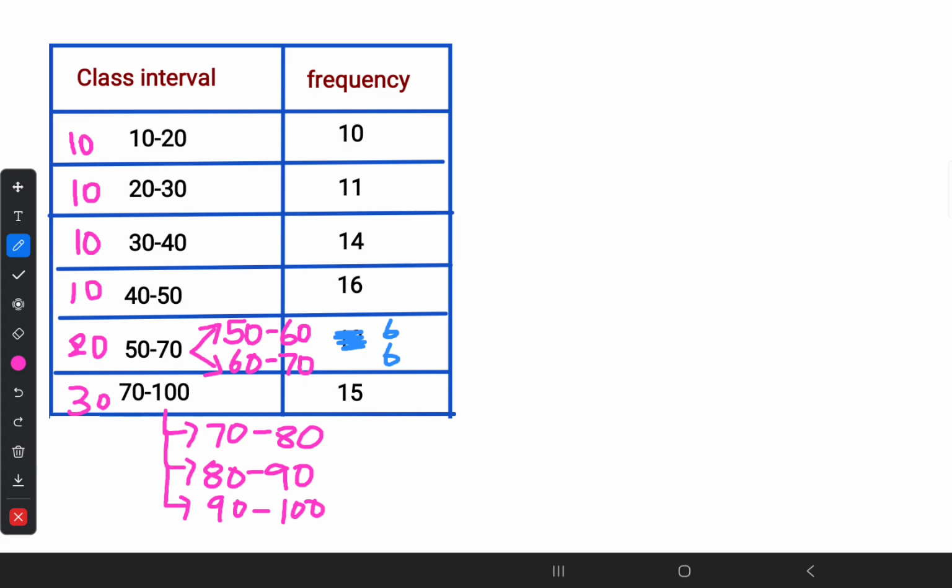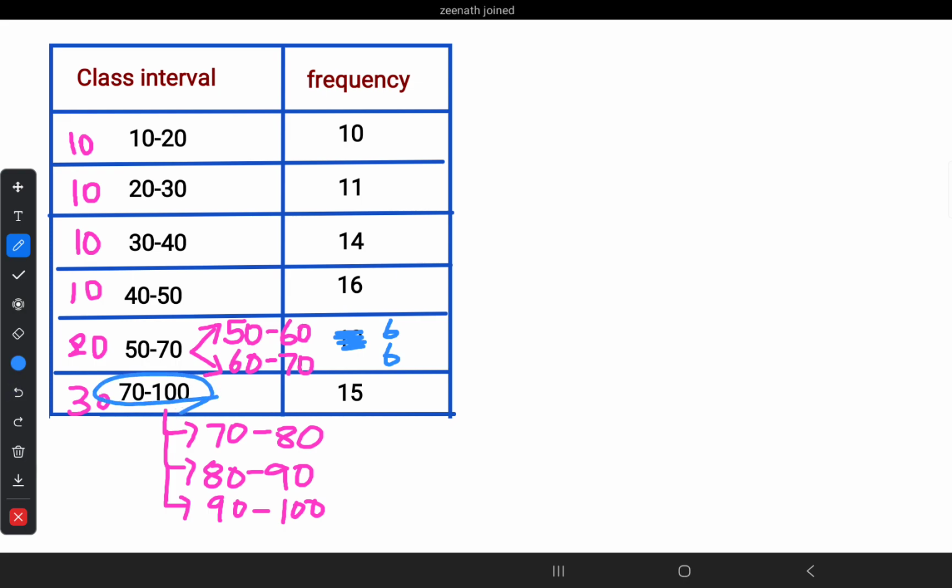So that's what we did here. We just split them to indicate each and everything separately. So its respective frequency also would be split between them. This 15 belongs to all three intervals. Here there would be three intervals now.